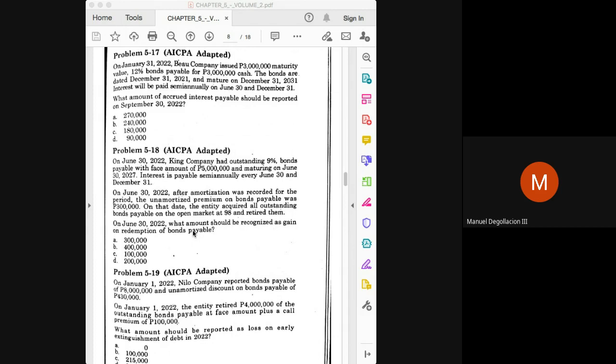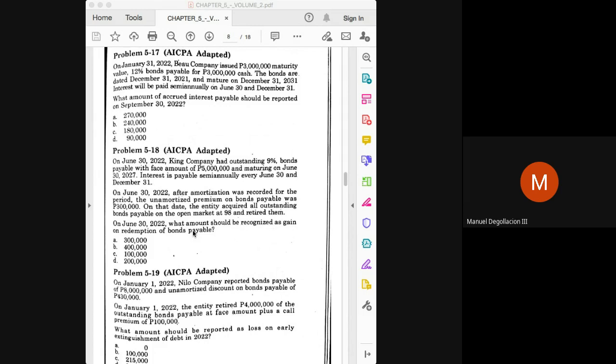Okay. For problems that are somewhat difficult involving redemption, the challenge there would be on solving for the carrying amount of the bond. The computation of your carrying amount will not be as simple as this one, because most problems will ask you to compute for yourselves how much is the remaining or the unamortized discount or premium.